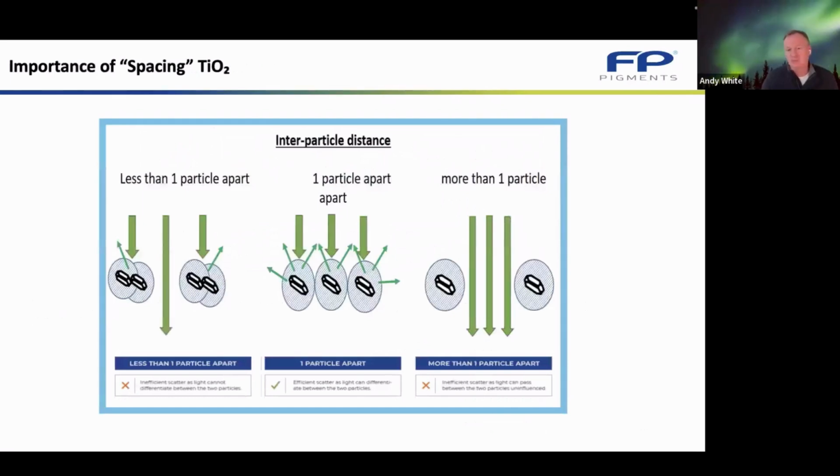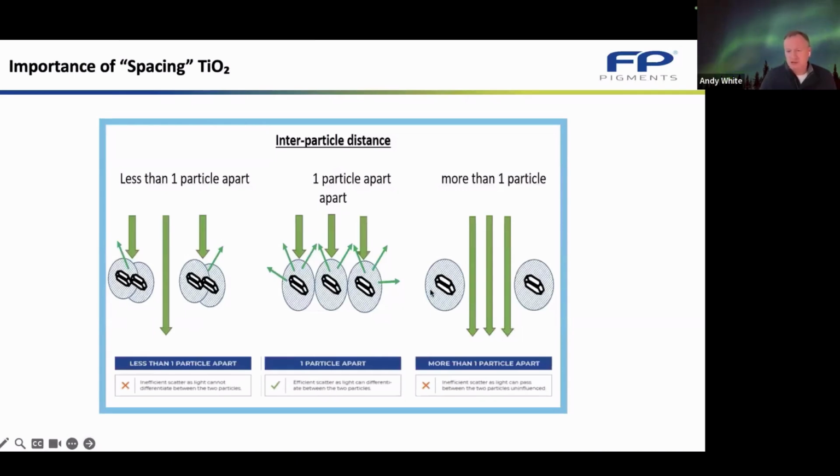And so when you think about how titanium dioxide needs to function, dispersion of the titanium dioxide and the stability of the dispersion, if you assume that the particle size is the right size in the first place, is really, really important. You can imagine, if you have titanium dioxide crystals too close together, there's no path of light between them, so they behave like one particle.